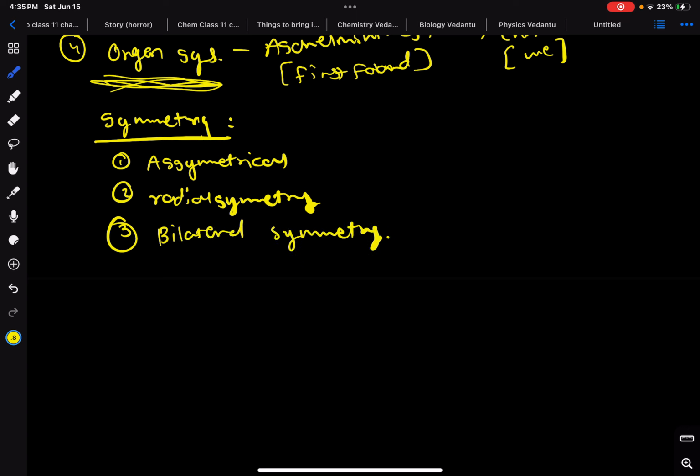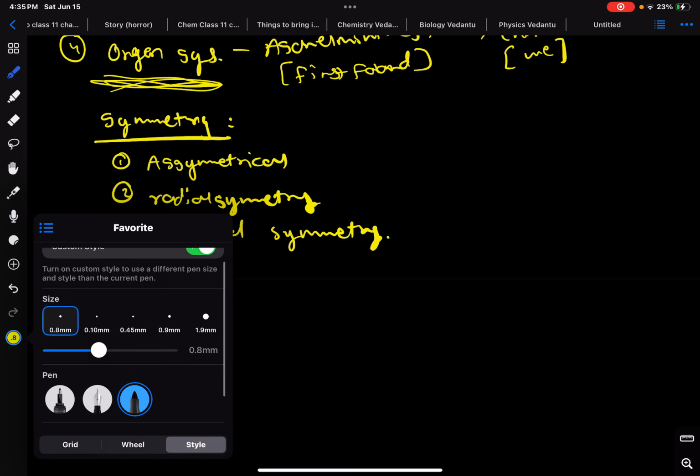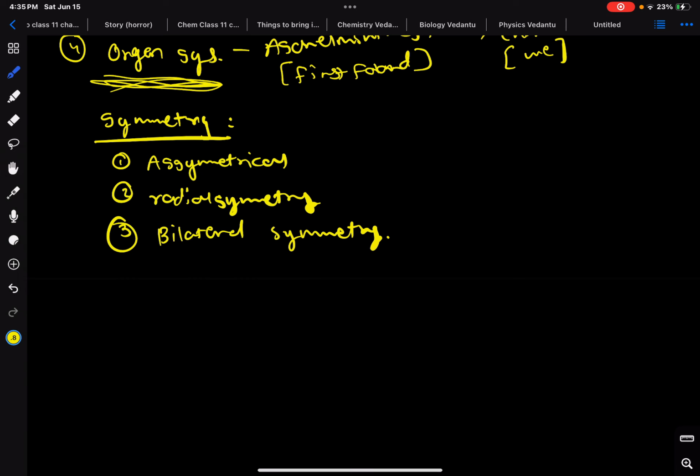Bilateral symmetry is found in us. Radial symmetry is only found in Echinodermata, Ctenophora and Cnidaria.